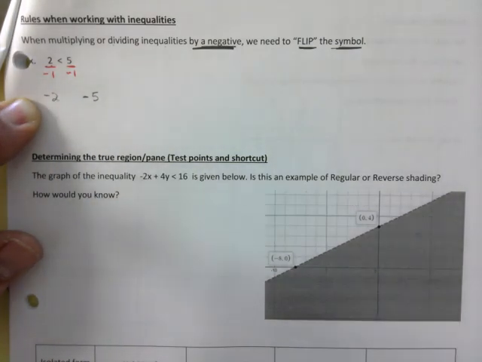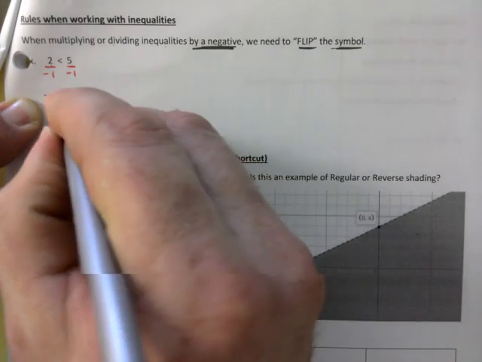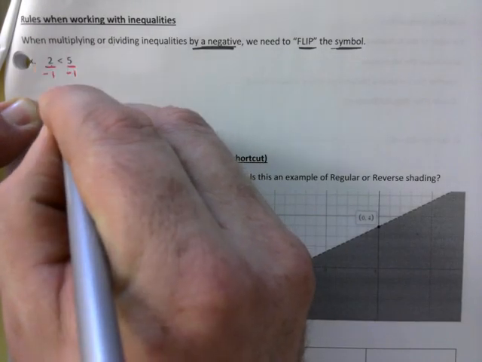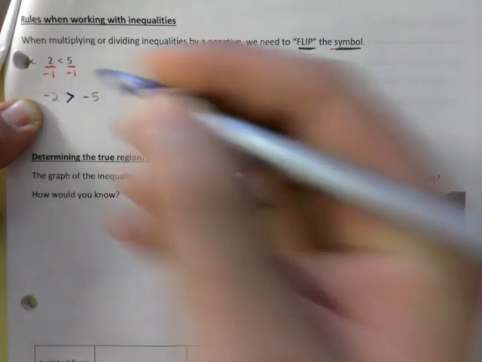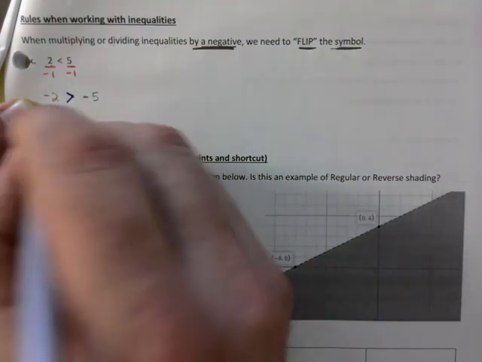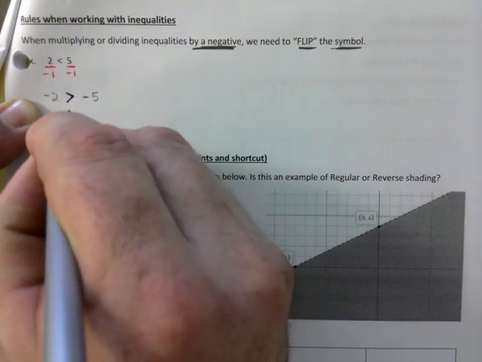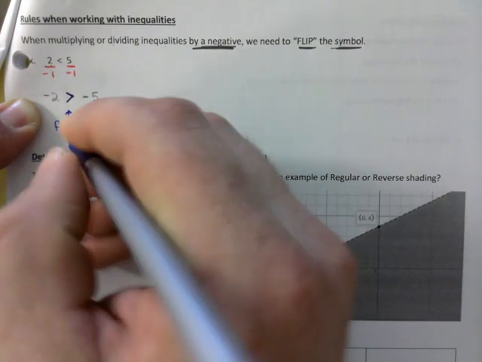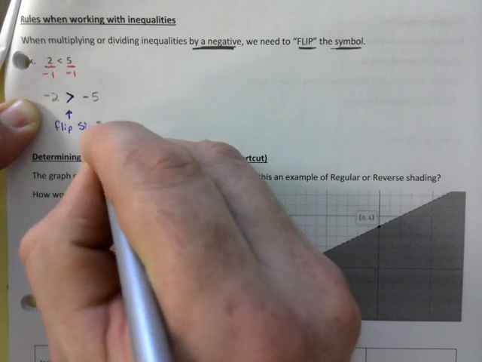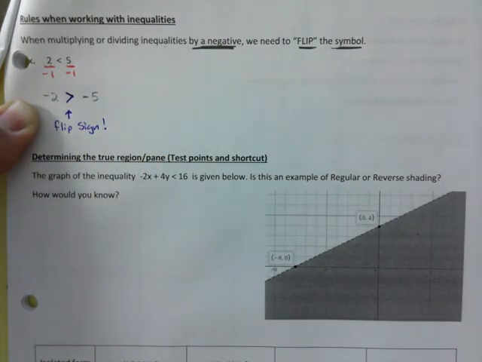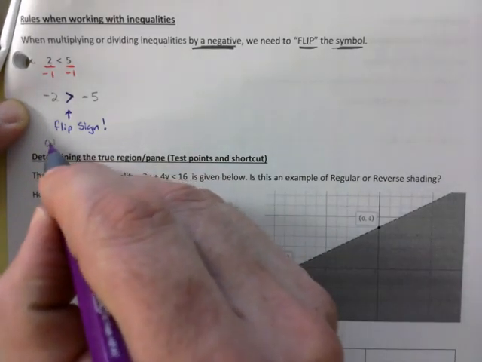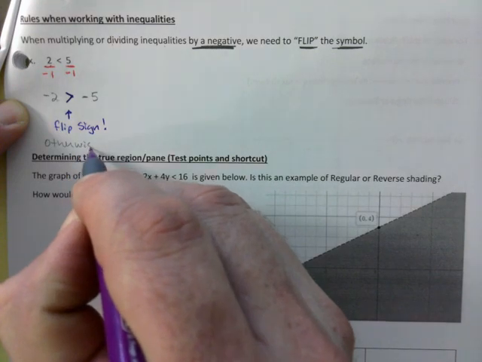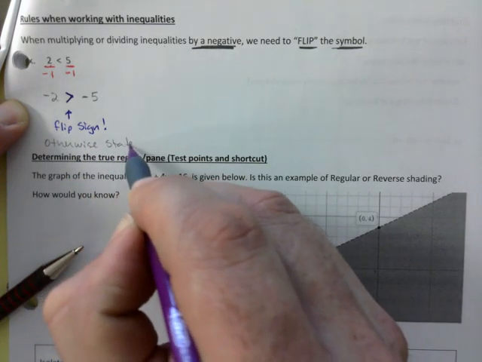I'm going to use a different color here. So I'm going to flip that the other way. And I'm just going to say flip sign. Otherwise, statement is false. Okay? You want me to add that? Otherwise, statement is false.